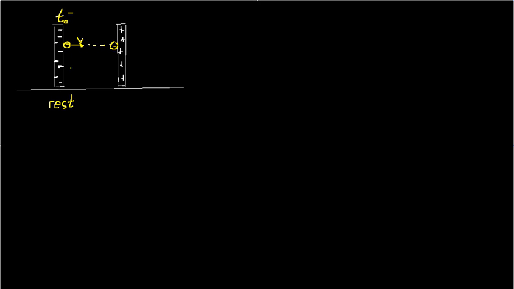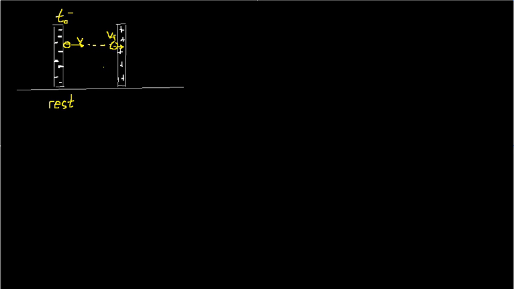Now, the electron is going to change its velocity from rest to some final velocity when it finally strikes the plate. The reason that's going to happen is that something's going to push it. So what is it that's pushing or pulling the electron from the left side, where all the charges are negative, to the right side, where all the charges are positive?